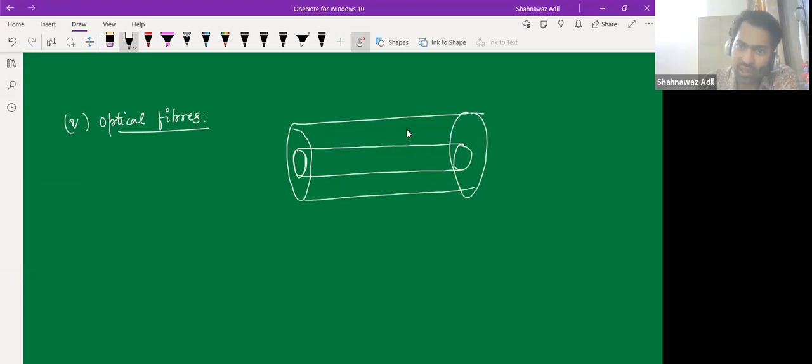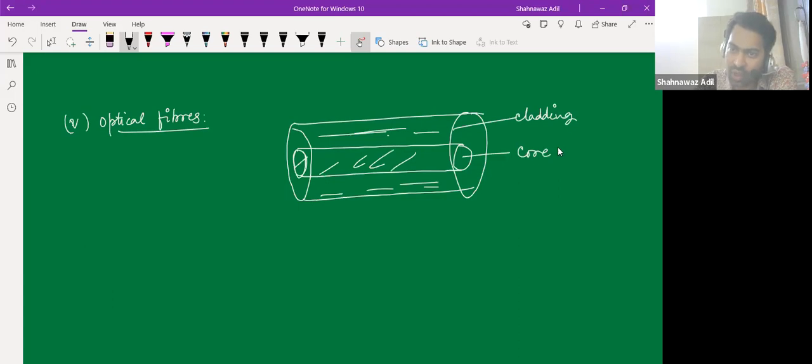This is cladding, and this is the core. So core has higher optical density. Core is denser, and this cladding is rarer.